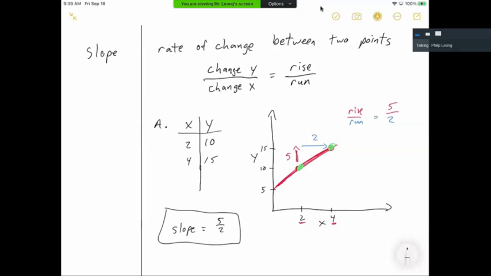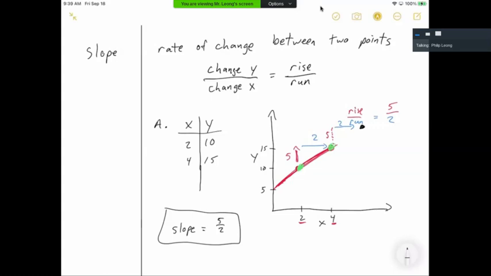So I know my next point would be up 5 and over 2. And that would be my next point on my graph. That's what your slope says. So that's better than 2.5 if you would have divided it.